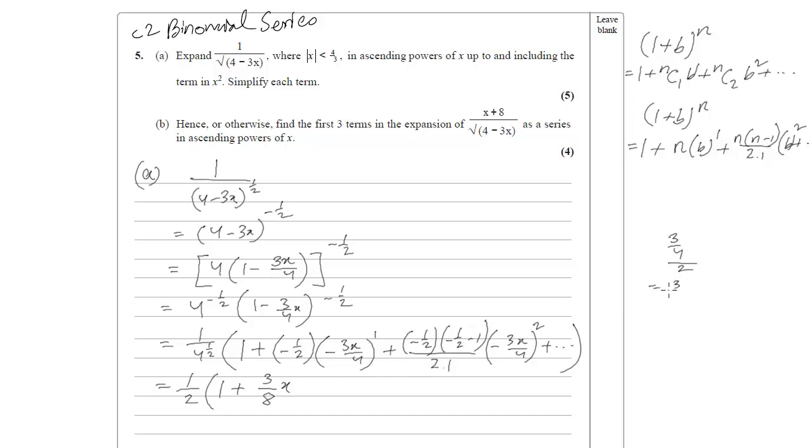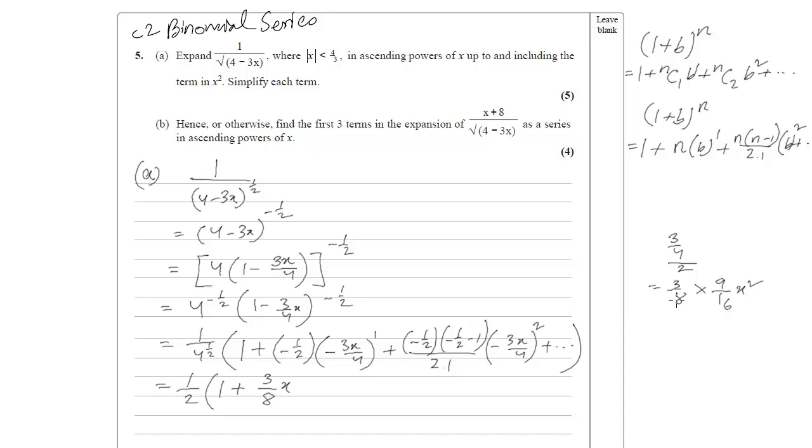So 3 by 4 divided by 2 is 3 by 8. Now this one is 3 squared, that means 9. 4 squared is 16, so this is 9 by 16, and the minus squared becomes positive, and we have x squared.